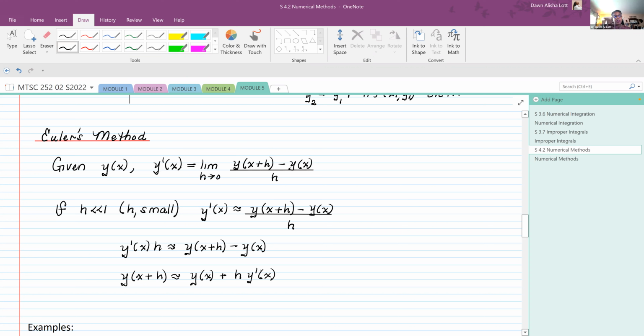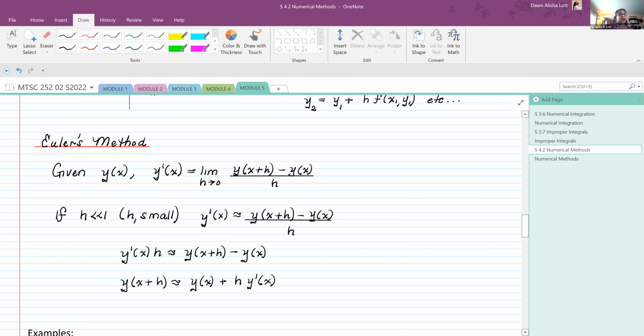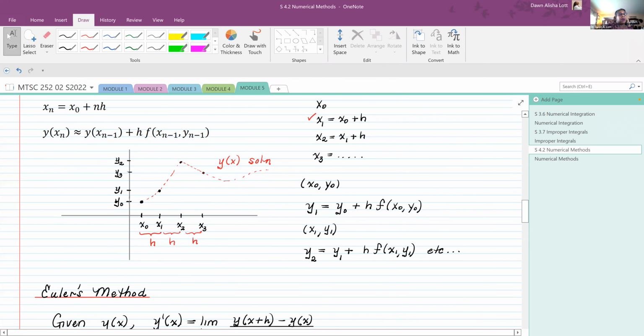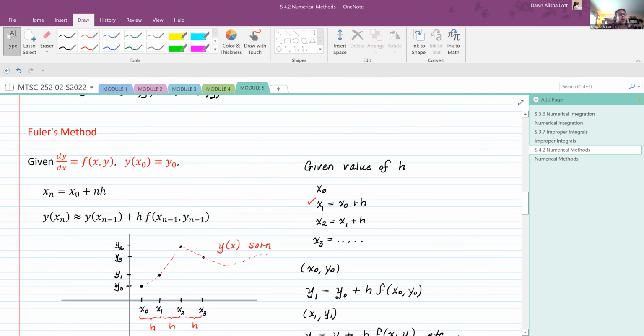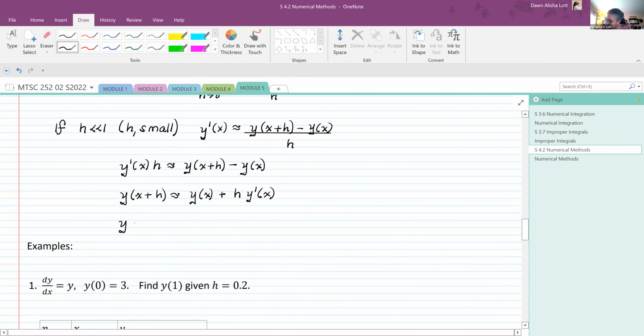But remember our differential equation. In our differential equation, y prime, which is dy dx, is equal to the function f. So I get that y of x plus h is approximately y of x plus h times f of x and y.